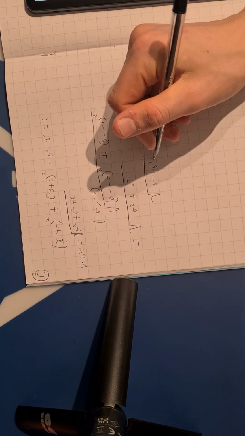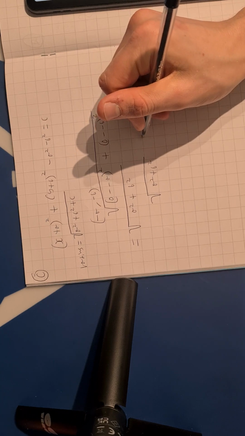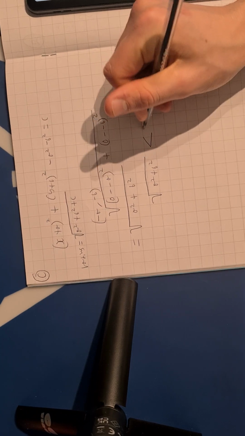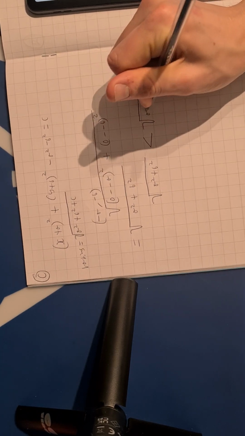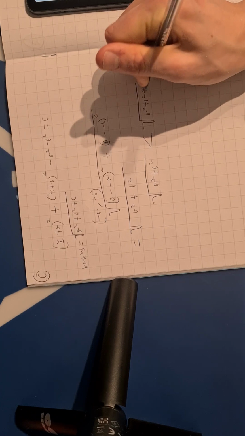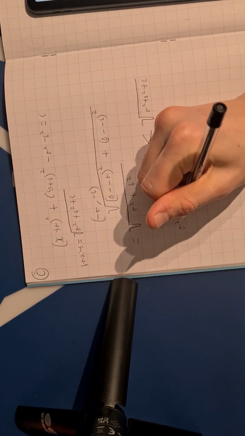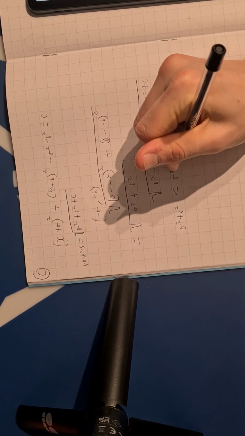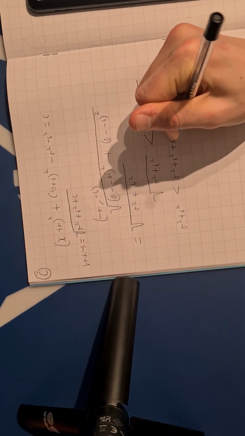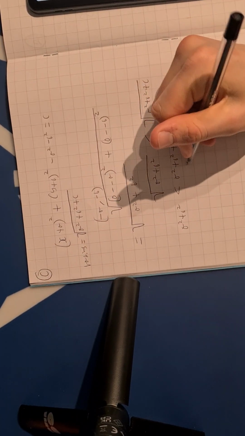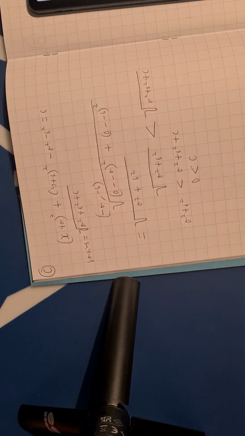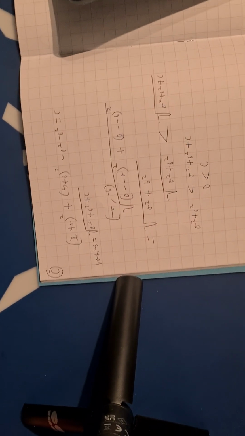Okay, so the square root of a squared plus b squared is less than the square root of a squared plus b squared plus c. So now we square both sides. a squared plus b squared is less than a squared plus b squared plus c. And obviously you see that c is greater than 0, which is one of the answers.